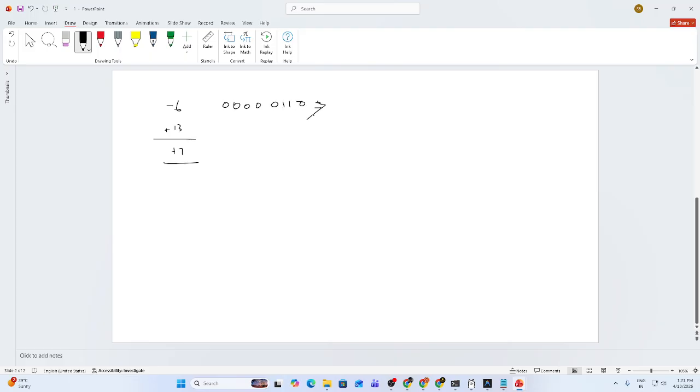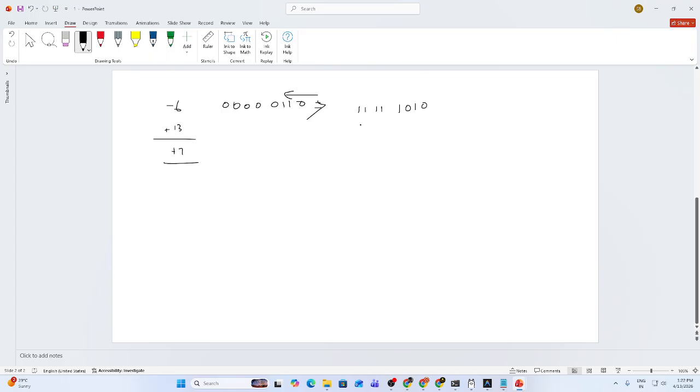To get minus 6, I need to take the 2's complement of this. You write as it is till the first non-zero digit, and from then on take the 1's complement, giving 1111 1010. This is the 2's complement of plus 6, the representation of minus 6.